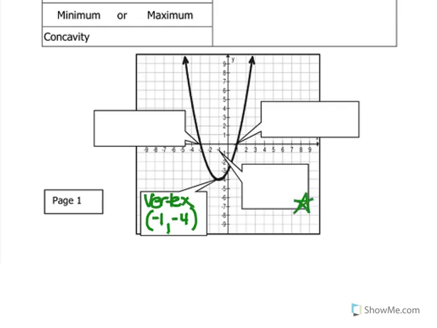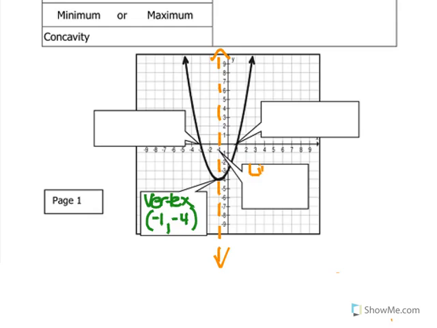Secondly, let's look at this call-out box over here, and it's pointing to this line right here. I'm going to show it in orange, and I'm going to use a dotted line like this. What is that line that splits the parabola in half?